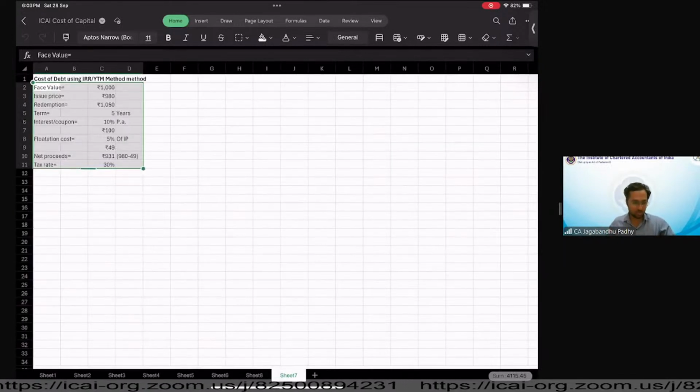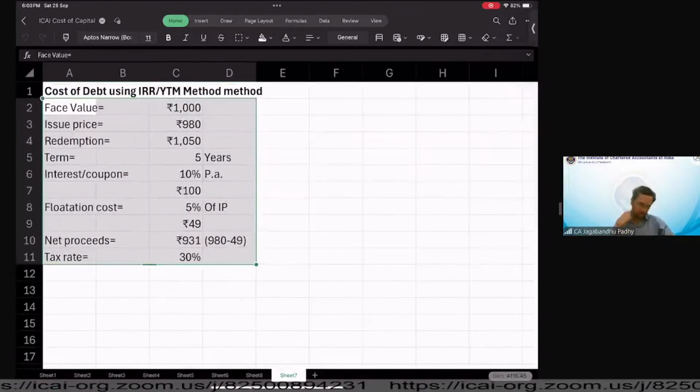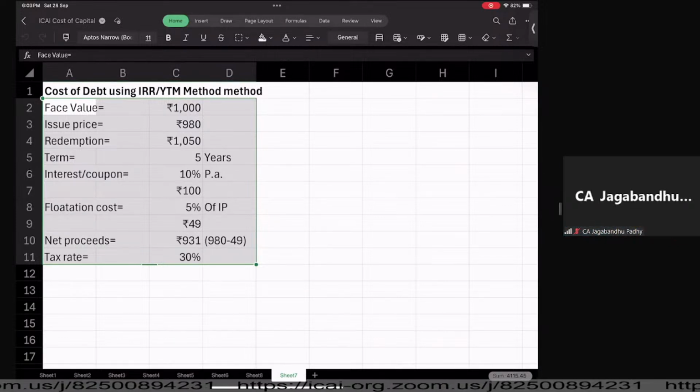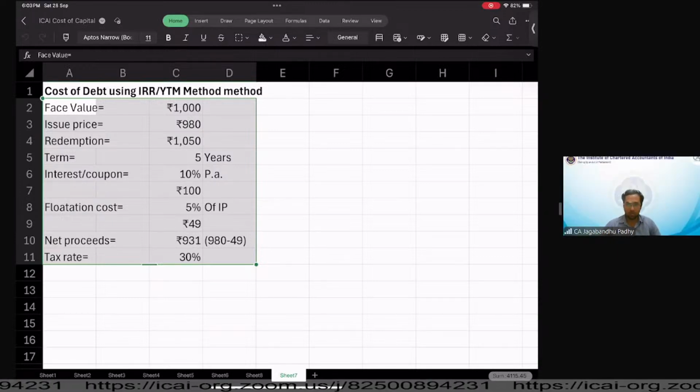We're going to use this IRR YTM method on this typical question that we had. So we'll apply the IRR or the YTM method on this question today.